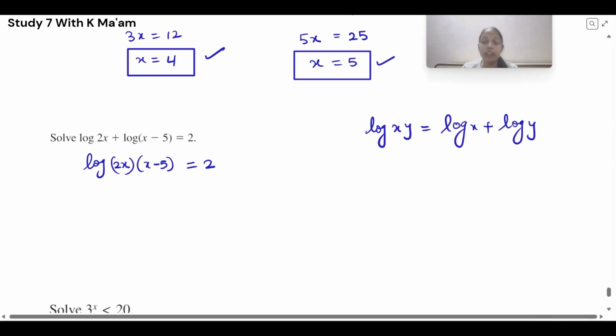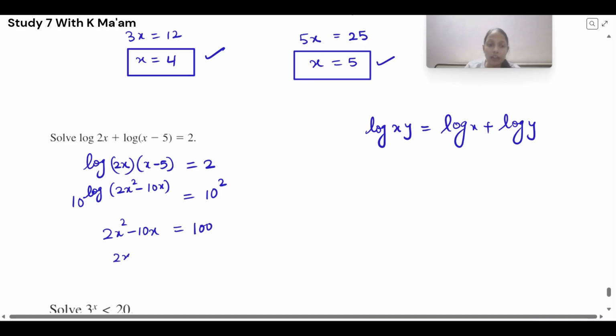Base is not given. If the base is not given, it means the base is 10. So 10 power log of 2x times x minus 5. You can multiply: 2x square minus 10x equals 10 power 2. This 10 power log base 10 is 1. 10 power 2 is 100.